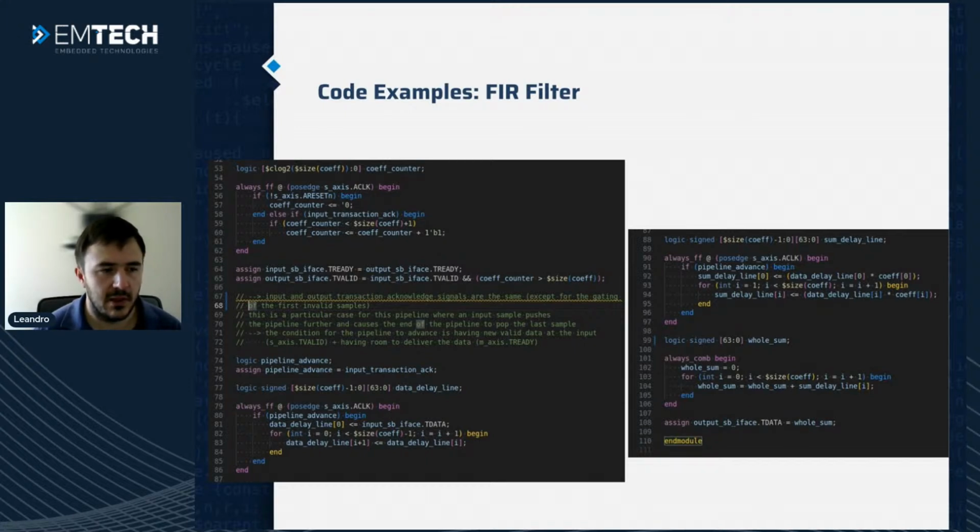So the advance of the pipeline can be done with the input transaction acknowledge. So I'm using that one in line 75. I use it as the enable signal in line 80, and then on the right, line 91 as well. I'm actually advancing the delay lines and the summation lines with that enable.